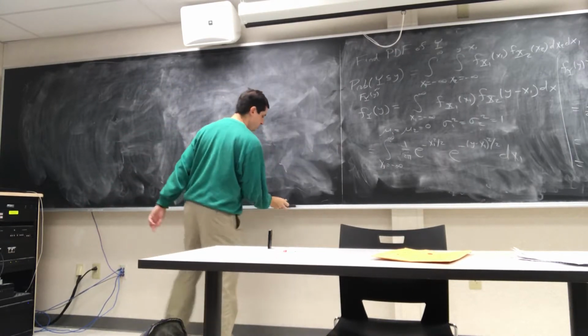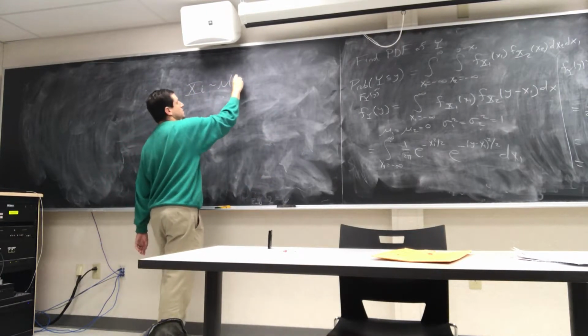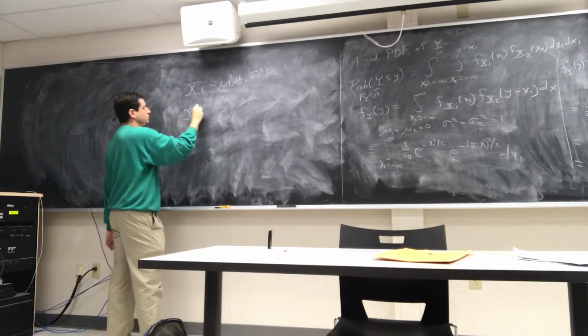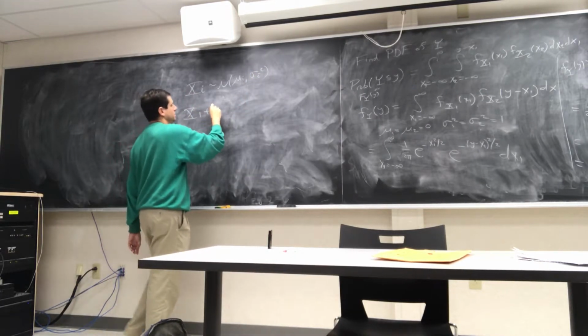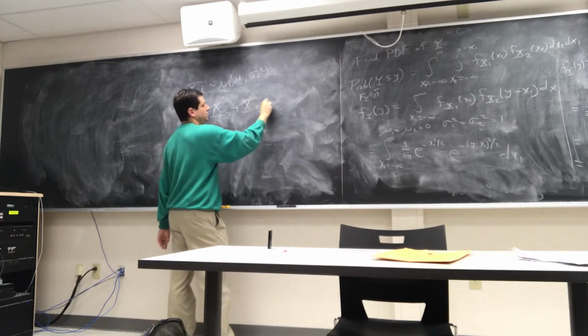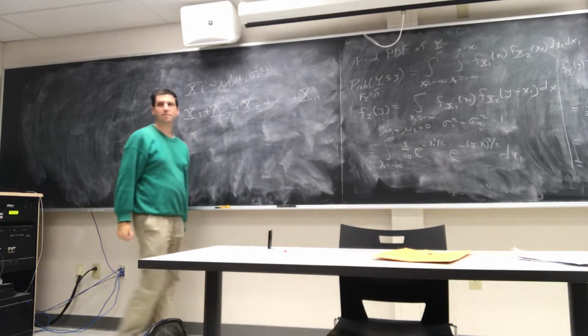But with normals, so let's say xi is normal, mean mu i, variance sigma i squared. And we want to do x1 plus x2 plus x3 plus xn.